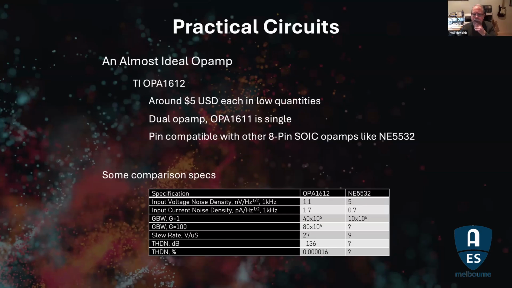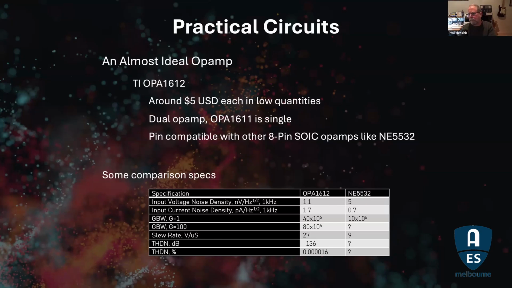So if we look at the specs, the voltage noise is 1.1 nanovolt per root hertz, which is pretty much the best you can buy in an op amp. There are a few really exotic ones that get down to about 0.9, but they're not very good for audio. So for audio, this is pretty much the gold standard.